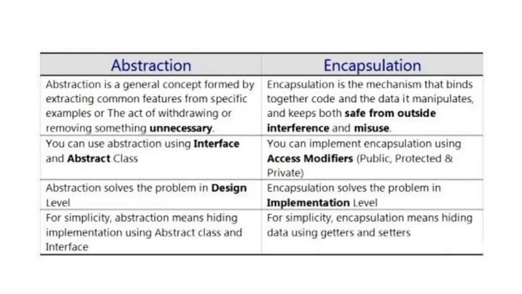You can have abstraction either using interfaces or using abstract classes. We'll come to it later in the subsequent chapters. You can implement encapsulation using the access specifiers, also called access modifiers: public, private, and protected. Abstraction solves the problem at the design level and encapsulation solves the problem at the implementation level.